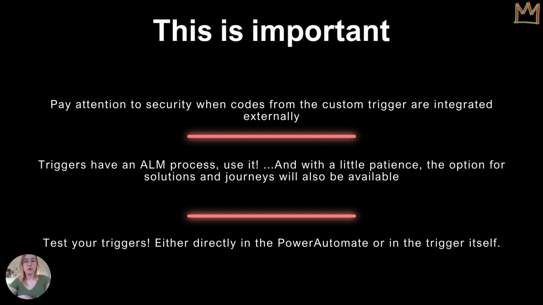So you don't have to create custom triggers directly in production, and you also don't have to create them manually every time again. There's no option yet for journeys or emails, for example, that we can also use in solutions. It's not there yet, but it's announced, and we just have to have a little bit of patience.